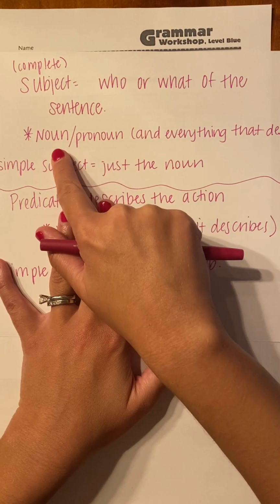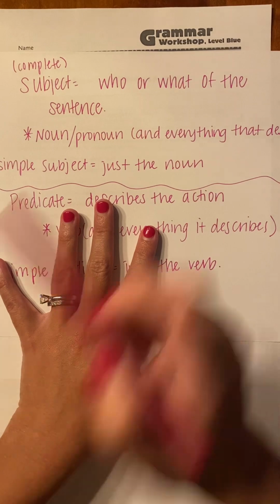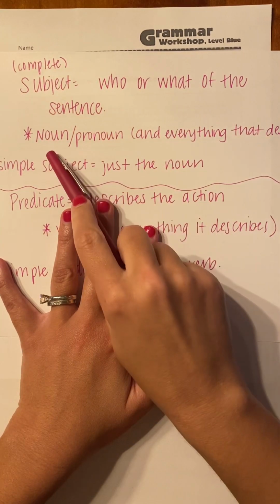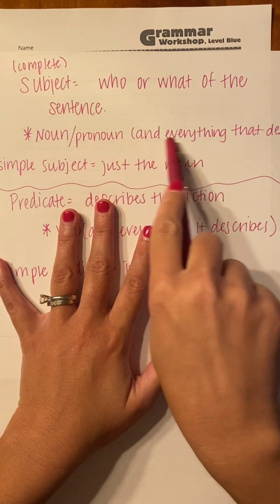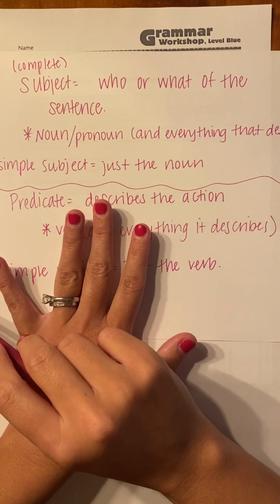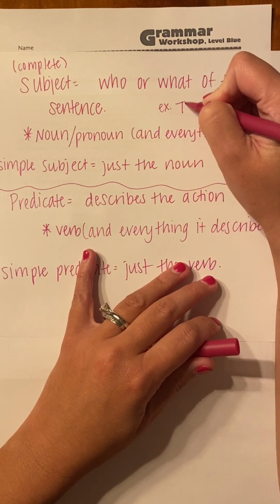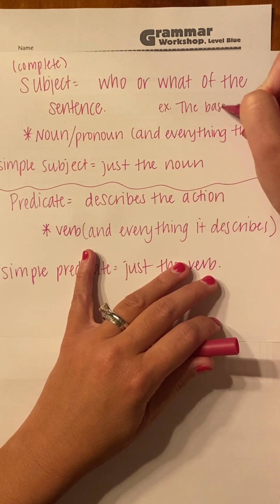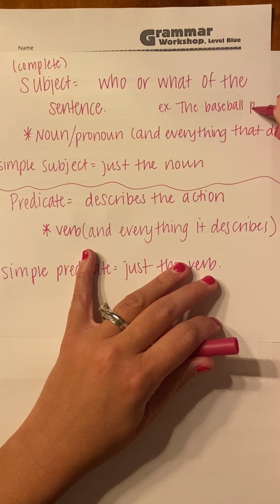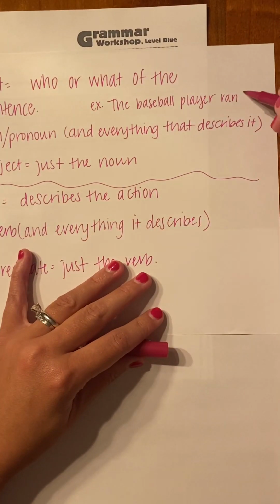99.9% of the time, this is a noun or a pronoun. If we're talking about the complete subject, it's the noun and the pronoun and then everything that describes it, okay? So, I'll give you an example. If we said the baseball player ran 3 bases, I don't know, making up a sentence.